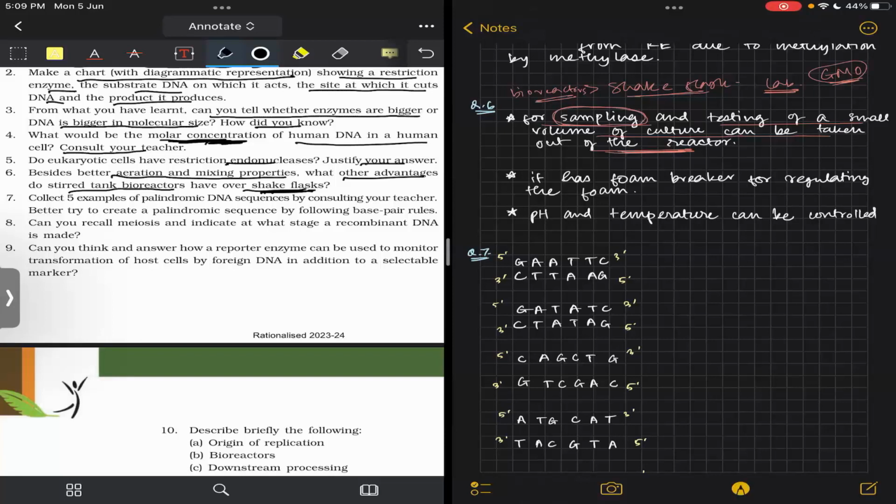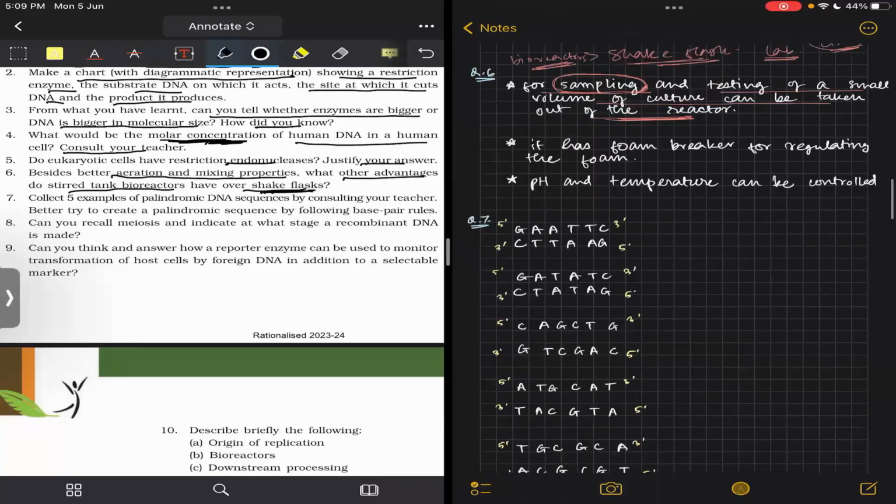And if we find something that is missing, something that is not right, we can then modify the conditions and create the optimum conditions to fix that. And we cannot do that in shake flasks, but we can do that in bioreactors. So this is one advantage.